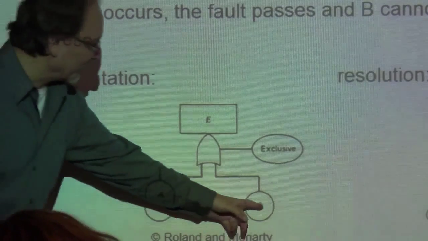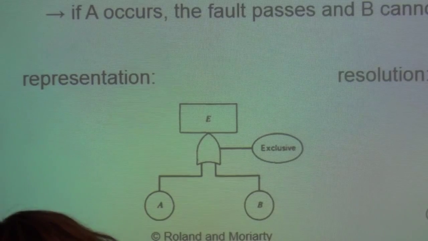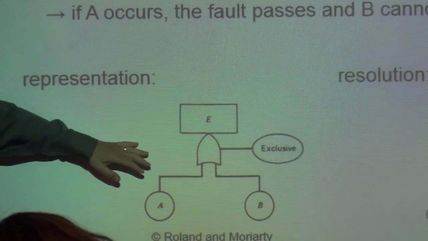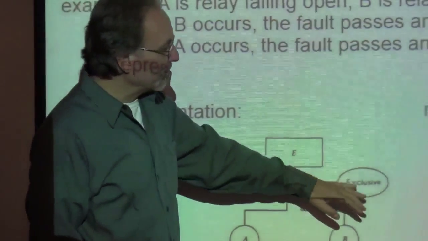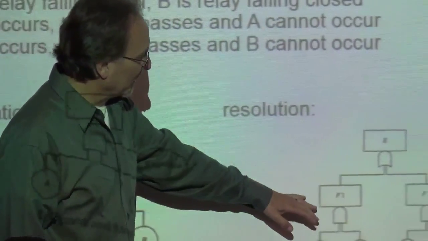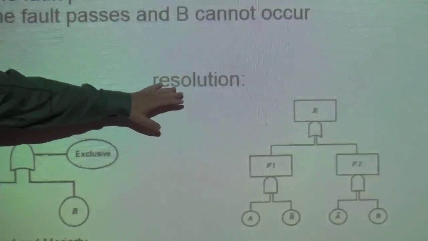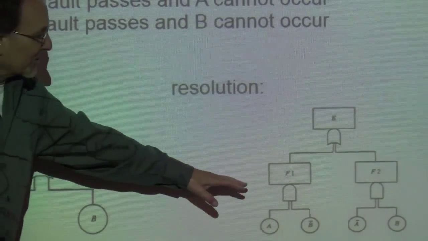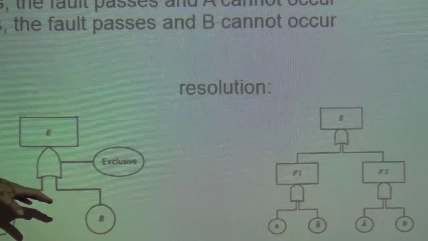If B occurs, the fault passes and A can occur. So this is a shorthand. That means you could, if you wanted to, reduce, or the term that they use is resolve it into a more complex tree, but one that's simpler to read.